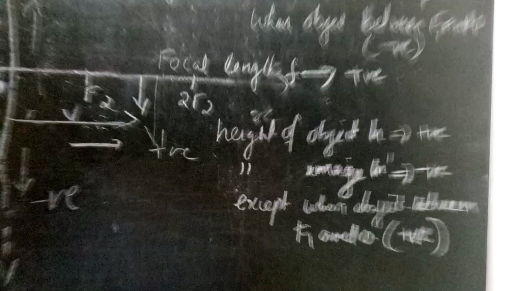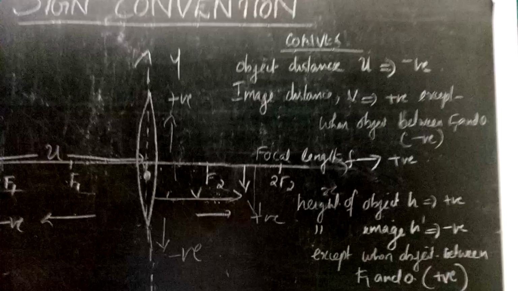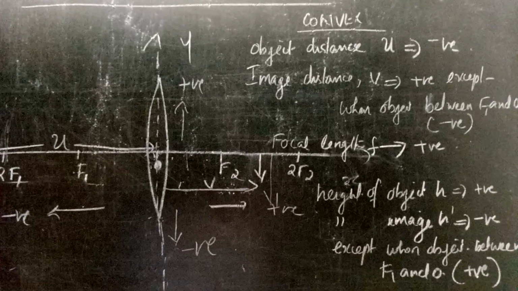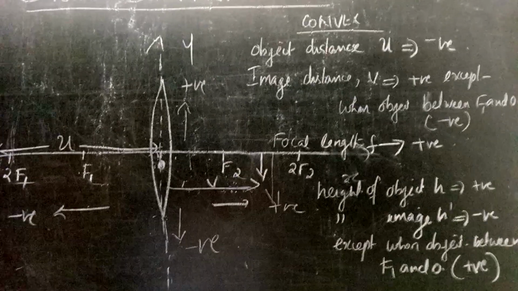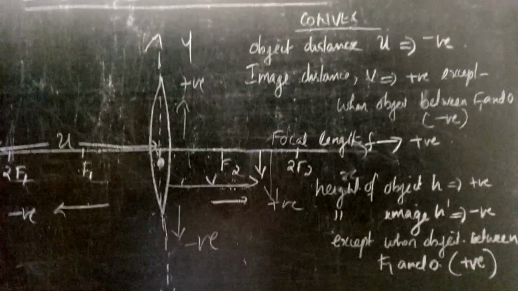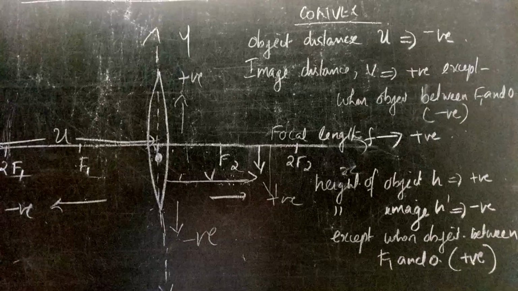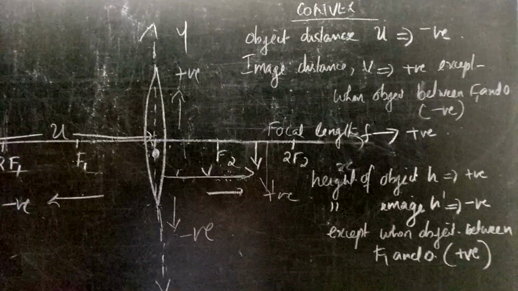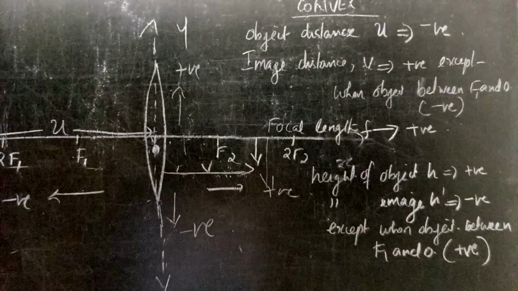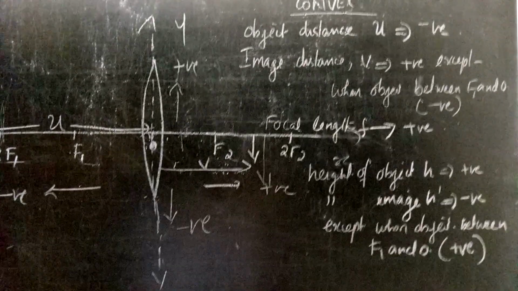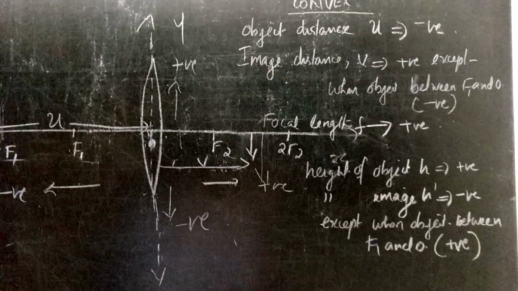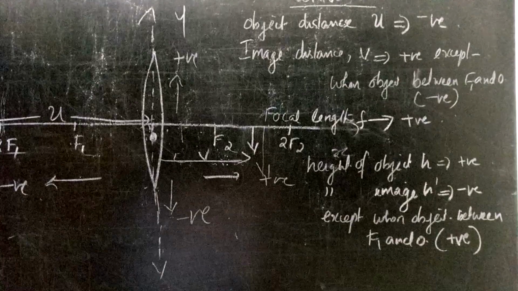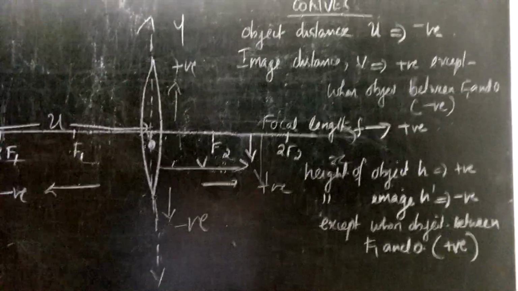So these things you can note down in the notebook. In the case of a convex lens, object distance u is always negative because we are always keeping the object on the left side. Then image distance v is positive except when the object is between F1 and O. In that case it is negative. Then the focal length of a convex lens is always positive. Height of the object h is positive. And then height of the image h dash is negative except when the object is between F1 and O. In that case it is positive.